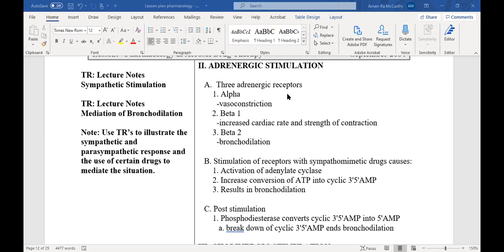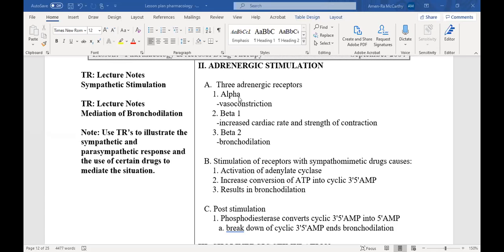You gotta know these, okay? Because you're gonna have to know which one of the drugs possesses which receptor and how much, right? Because all of the adrenergic stimulations have these receptors. Now, whether they activate one of them or not is something different, but they all have them, okay? You have the alpha, beta 1, and beta 2 receptors.